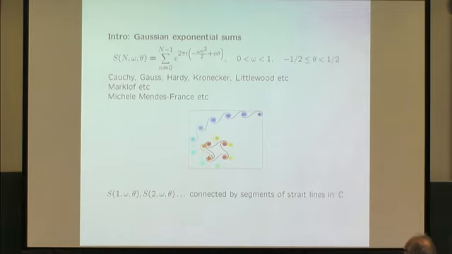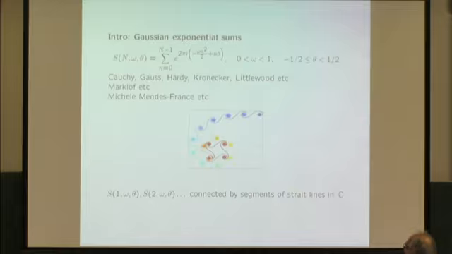For the first time, I heard about this object during a talk of Michel Mendès-France, given in France. He had produced a lot of beautiful pictures similar to this one. And what is on this picture?